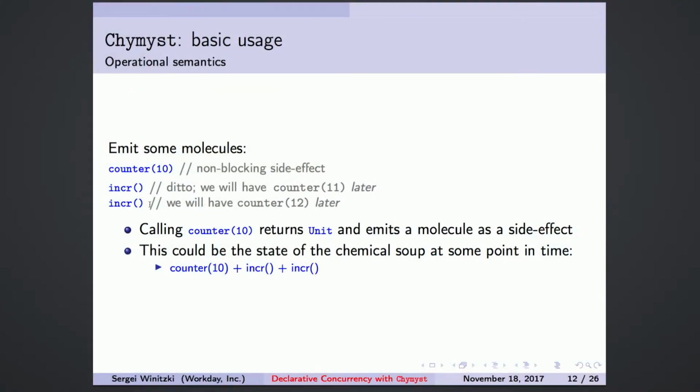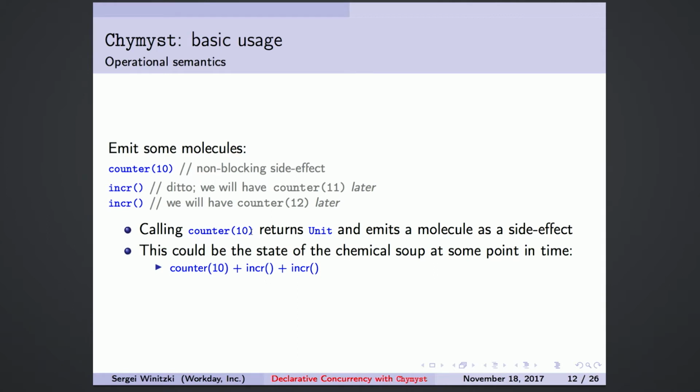So here's what you do then. You say counter 10, incr, and then finally you wait for things to happen, right? This is all non-blocking. So you say counter 10, which is a non-blocking side effect of emitting a molecule into the soup. You say incr, which is a non-blocking side effect of emitting a molecule incr into the soup.